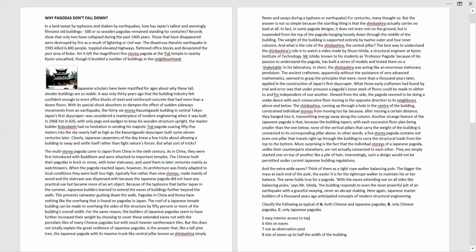Okay, you see this? Yes, ma'am. Fifth and sixth, I'm just adjusting so that I can show you all the 10 on one screen. Yeah, it's good now. Fifth, sixth, and 7, 8, 9, and 10. You have to classify them as per the options given up there: typical of both Chinese and Japanese, or only Japanese, right? Okay, ma'am.